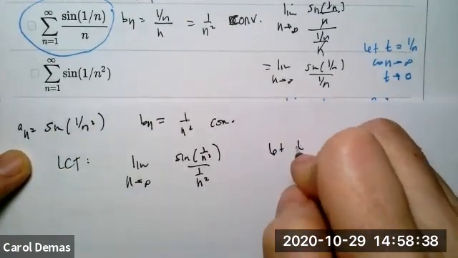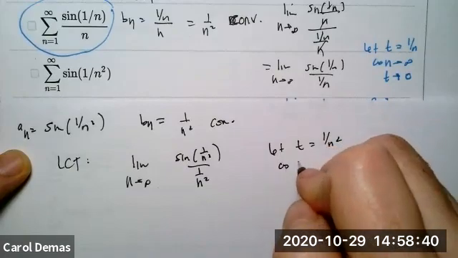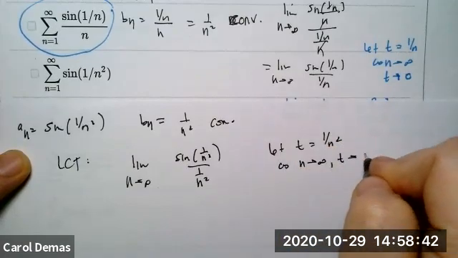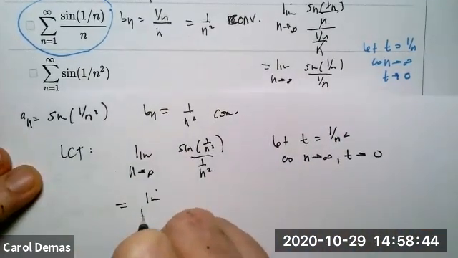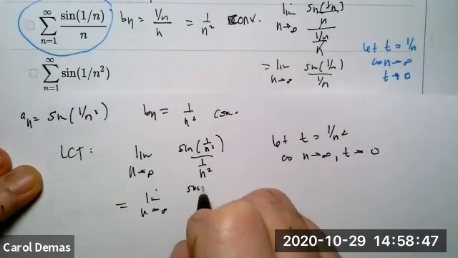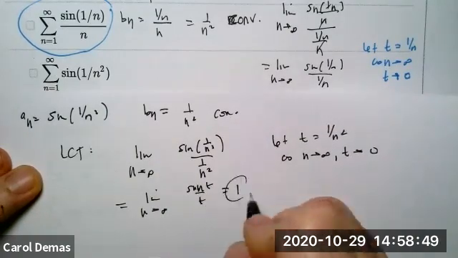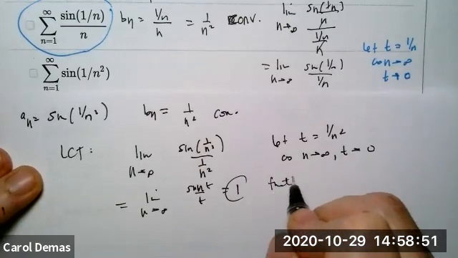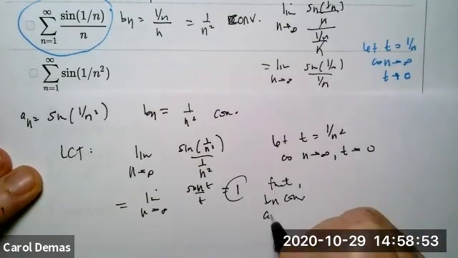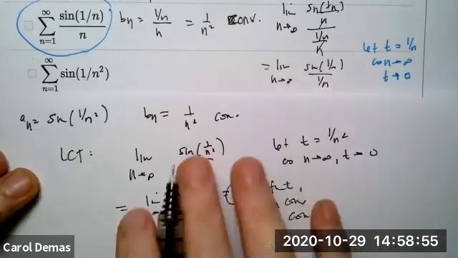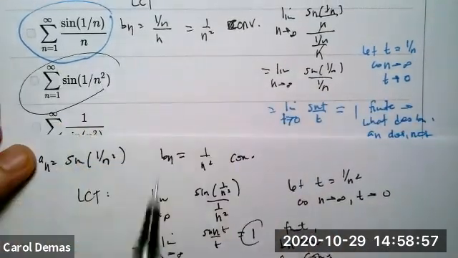We're going to let t be 1 over n squared. As n goes to infinity, t goes to 0. We're going to get the same thing. Sine t over t is 1. Okay, that's finite. Bn converges, so an also converges. So this one is also correct.